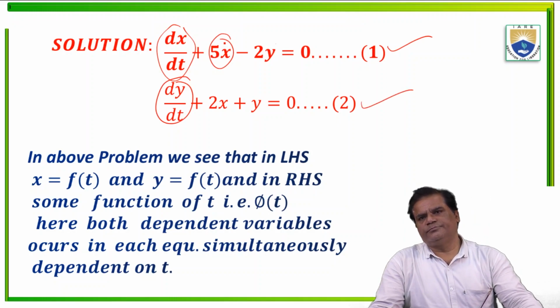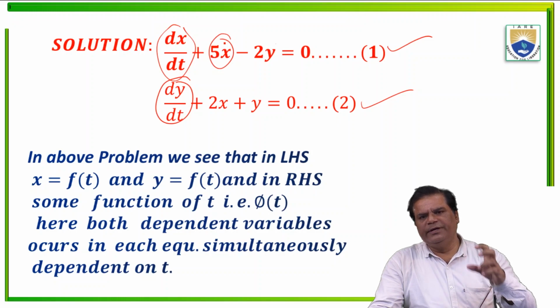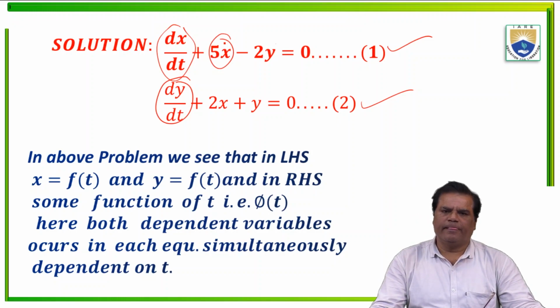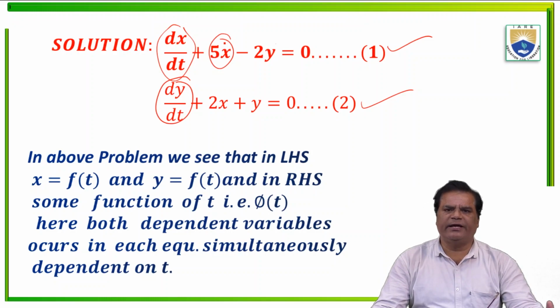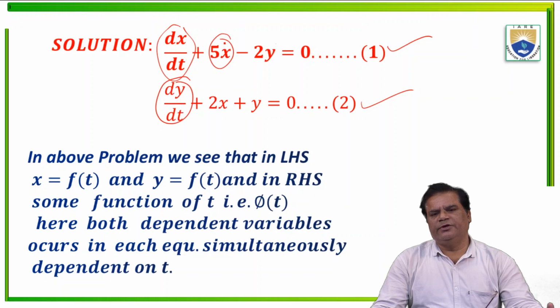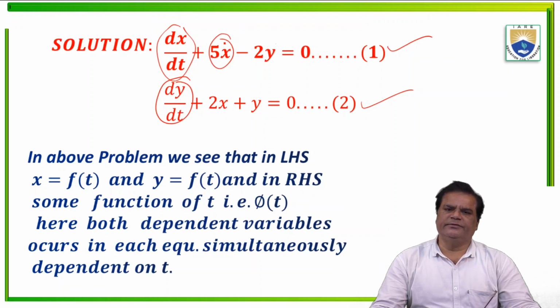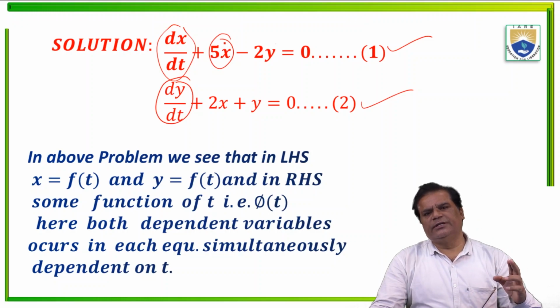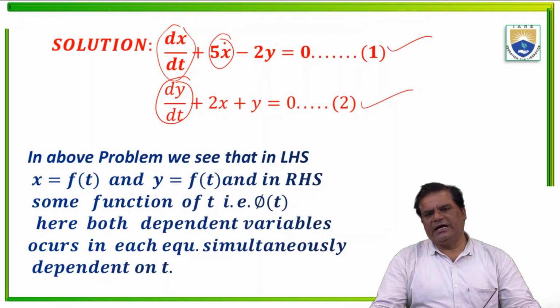So two equations are compulsory in our question. If there is only a single equation, then we cannot find the value of x and y. If two equations are given, then we can find the value of x and y, because in each equation there are two dependent variables, x and y.